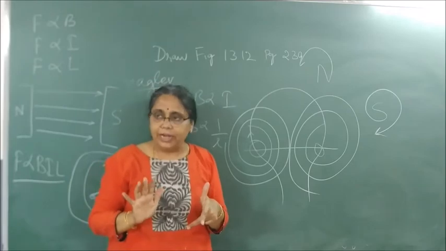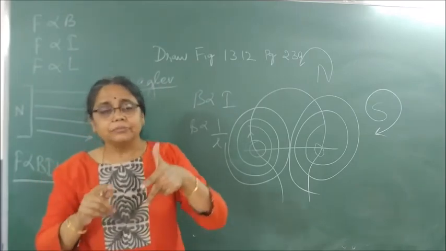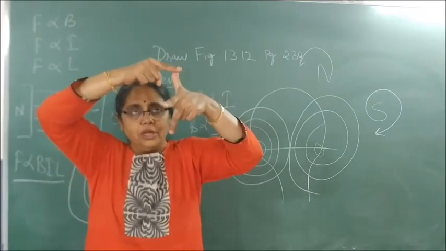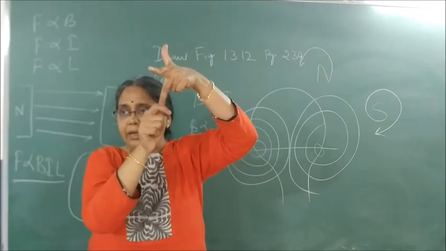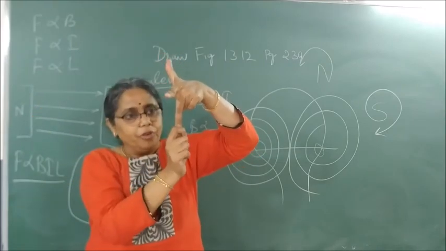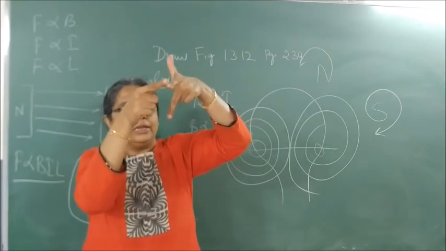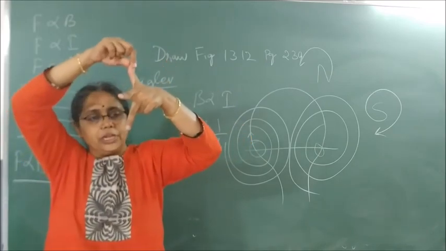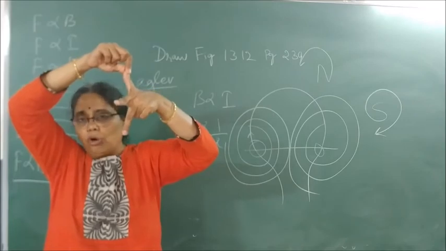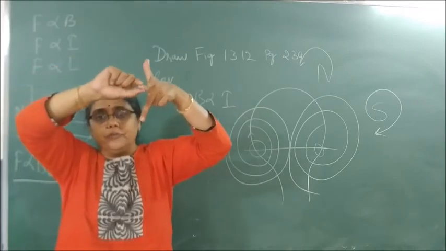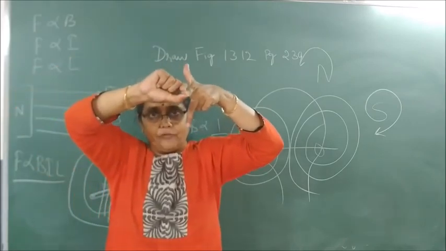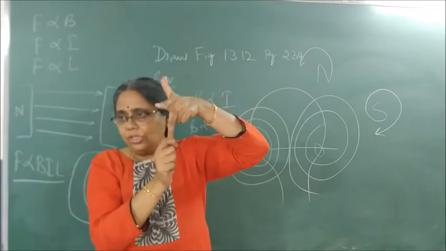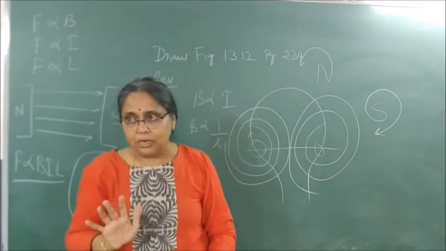So this is called what rule? Fleming's left hand rule, which says stretch the thumb, your forefinger and your center finger of your left hand in such a way that they are mutually perpendicular. Then the thumb shows the direction of magnetic force or movement of the conductor. The forefinger shows magnetic field and the center finger shows current. Clear?